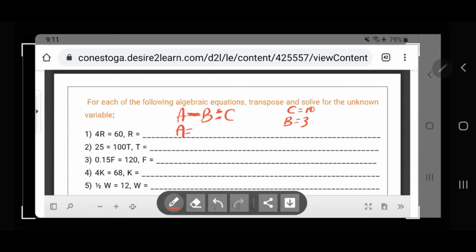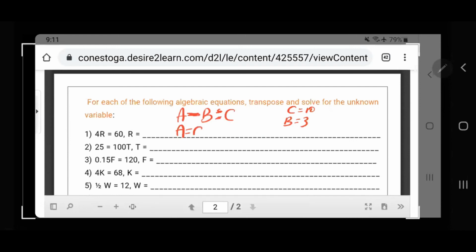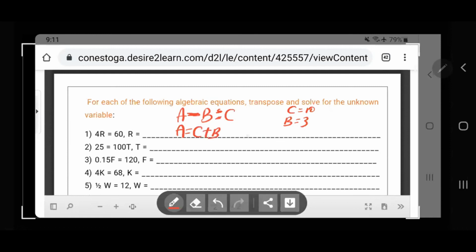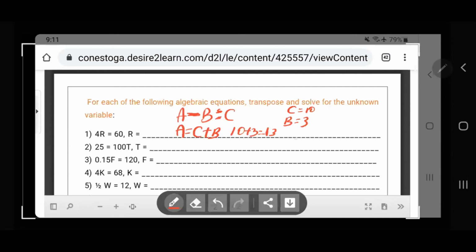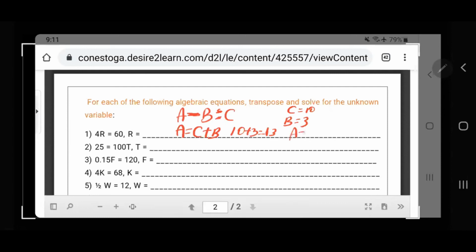So B is subtracting, so it will go to the other side of the equal sign, performing the inverse operation. It's going to be equal to C plus B. So that being the case, then we are going to have that 10 plus 3 is equal to 13. And of course, when we substitute the number that we found, that is A equal to 13.